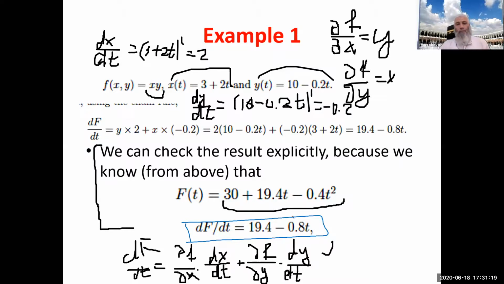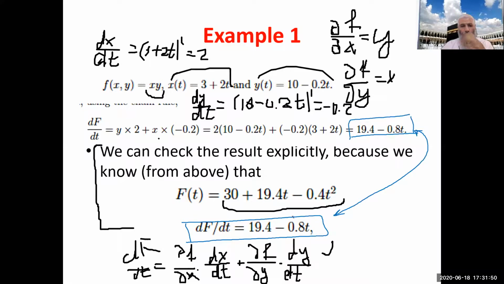Can you show me? He didn't explain. We can check the result explicitly because we know from above what f of t is, so df/dt is this. These are the same. This and this are the same.